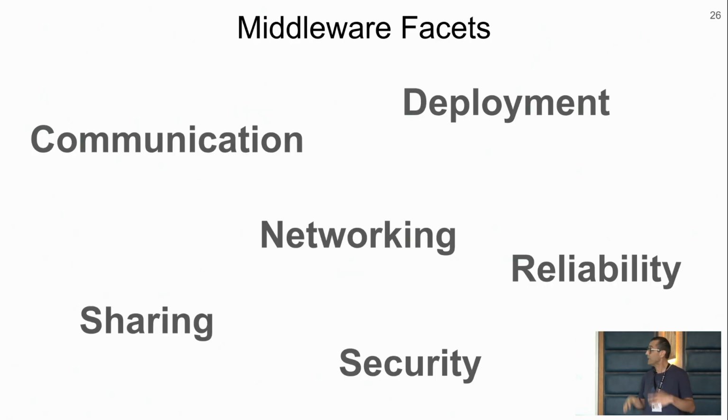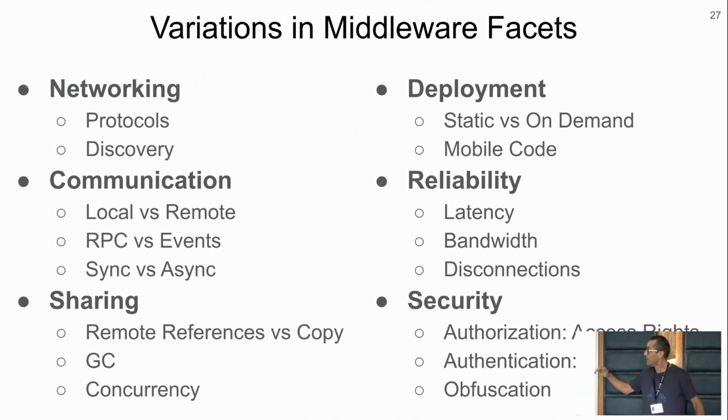And so we need to analyze this middleware, and we see that there are different facets. Obviously there is the networking. Some take care of reliability, some don't care about reliability. There are security issues, the way to deploy, the way you share, and so on. So each one can be decomposed.